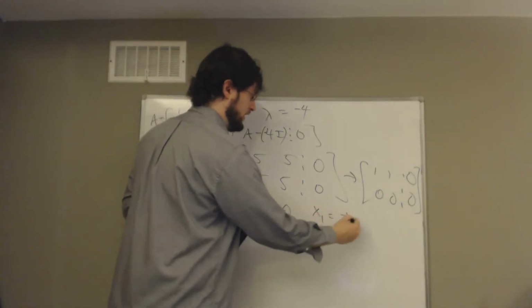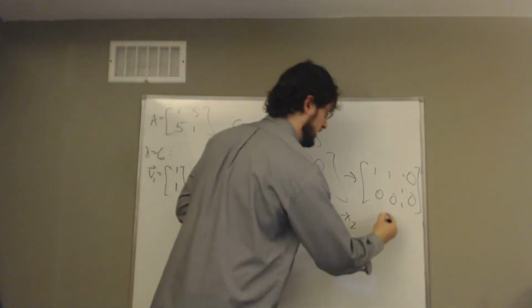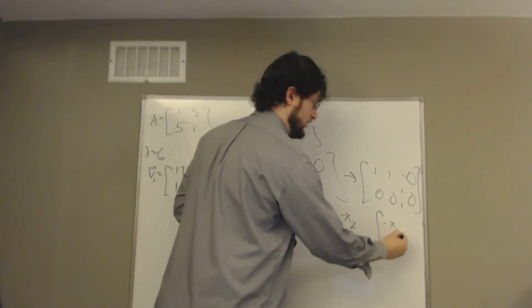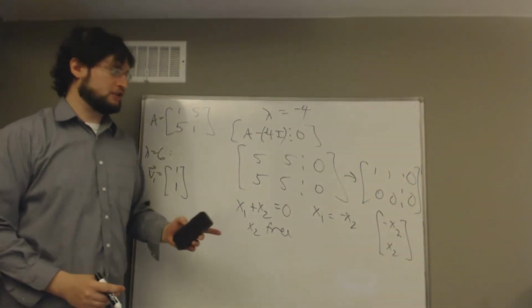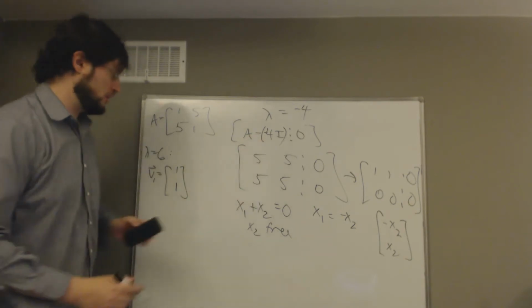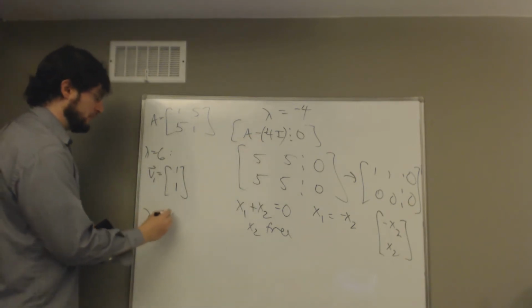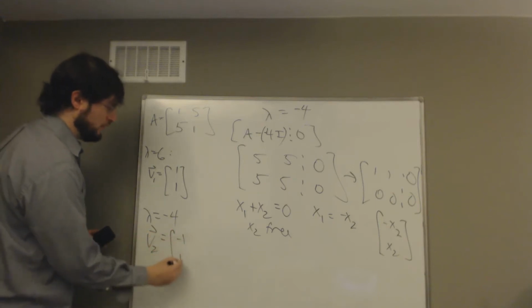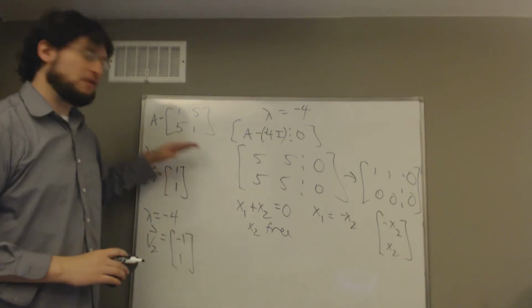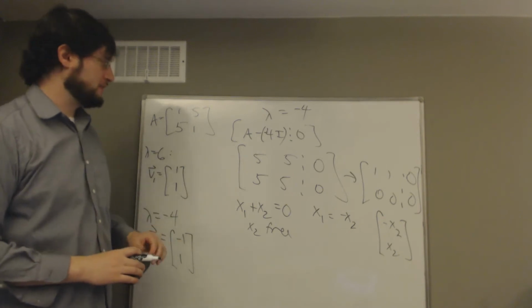So x1 is negative x2, and x2 is free. So our vector is negative x2, x2, which corresponds to x2 times negative 1, 1. So for lambda equal negative 4, our vector is negative 1, 1. So now we have a basis for each eigenspace.